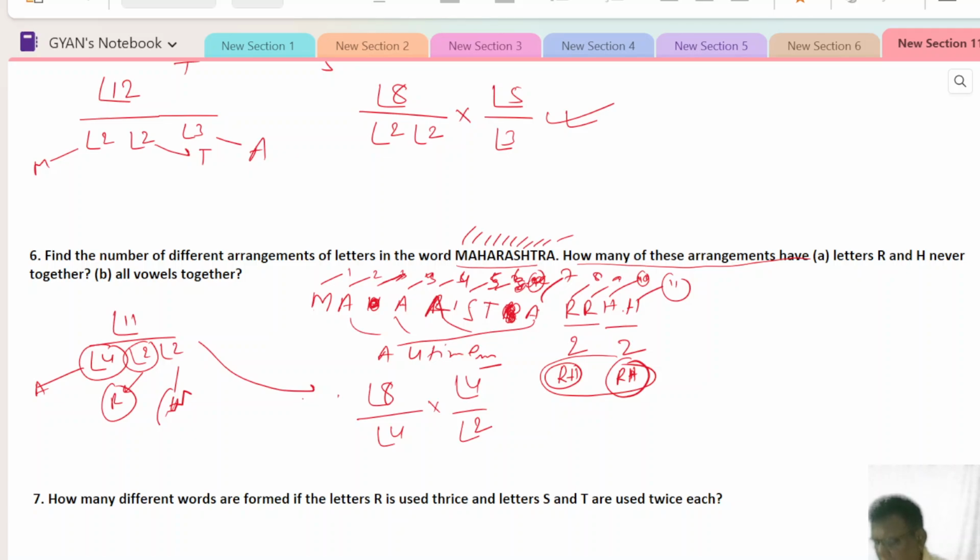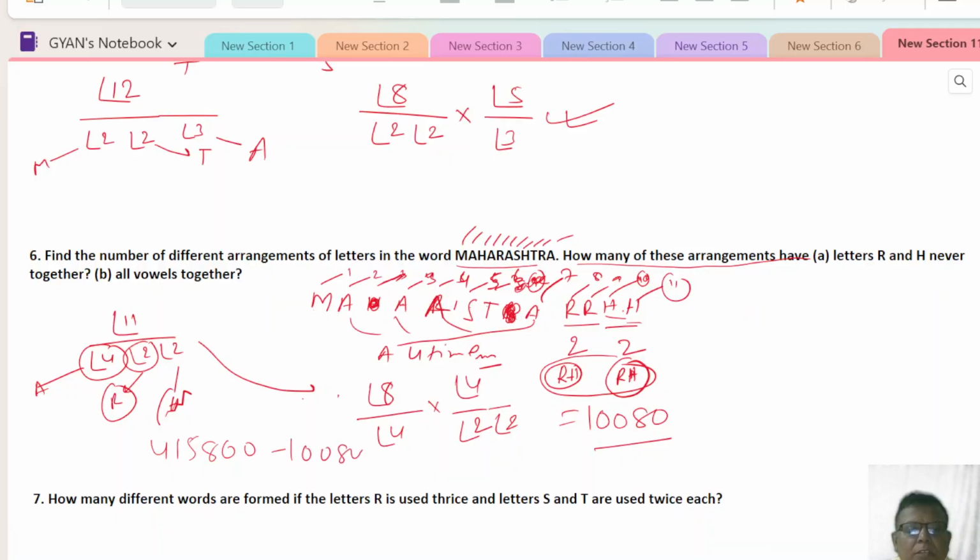So let us solve the problem. How to solve it? That will be equal to, if you calculate this factorial 2 and this one also in factorial, you calculate this, it will come 10080, and this one, how much this one will come? 4141580 minus 10080.